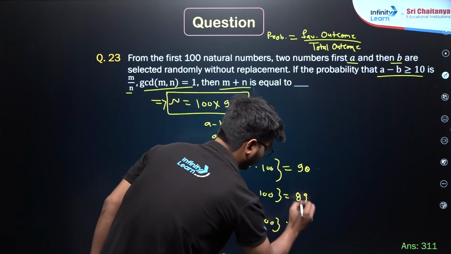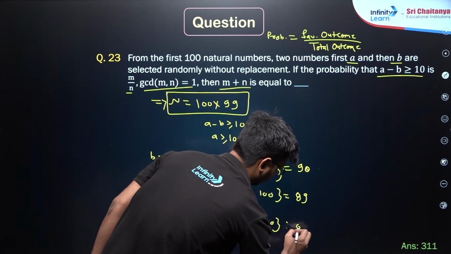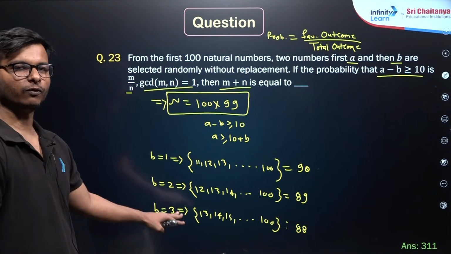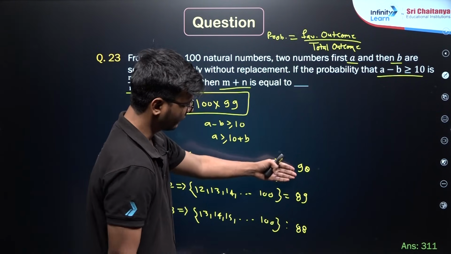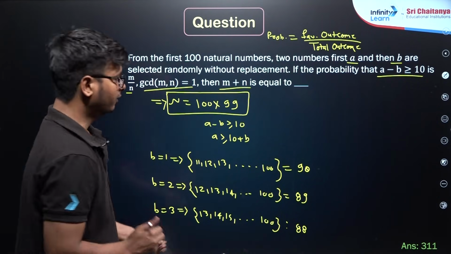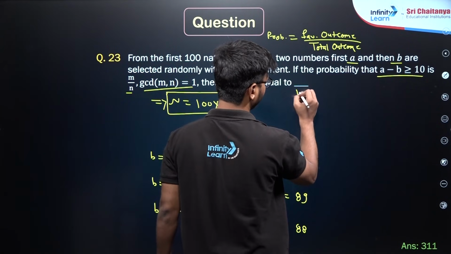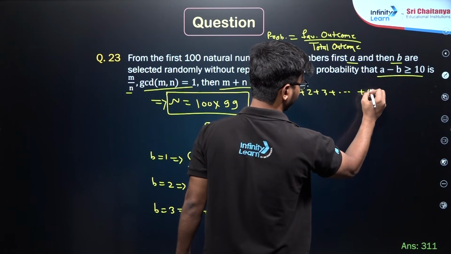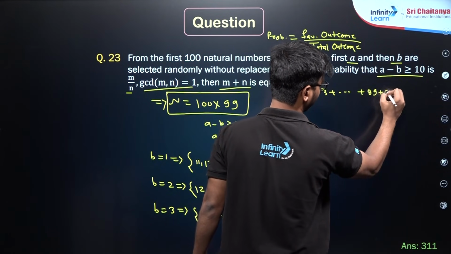So this will be 88. Okay, and it will go just like that for B equals to 4, B equals to 5, and so on. So if I find the total favorable outcome, I am getting 1 plus 2 plus 3 up to 89 and 90.